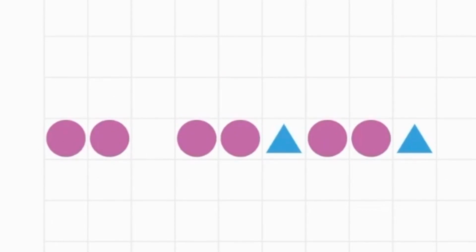What goes in our empty space here? Purple, circle, circle, something. Circle, circle, triangle. Circle, circle, triangle. Did you figure out what goes there? If you said triangle, you got it.